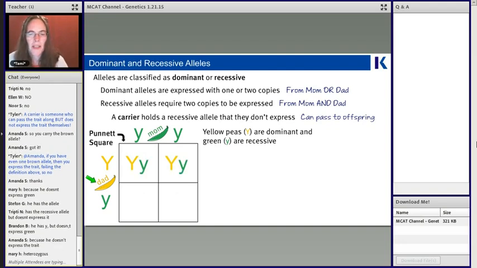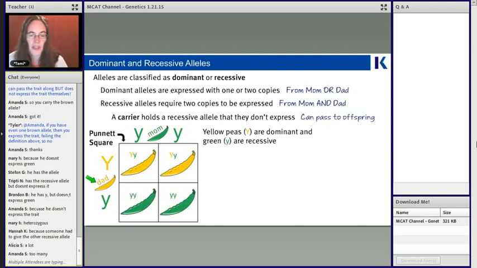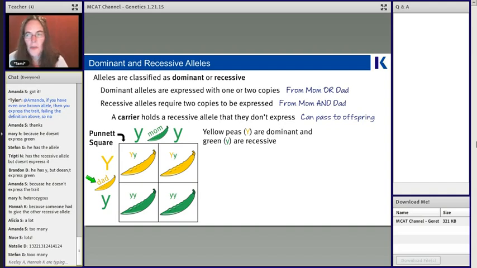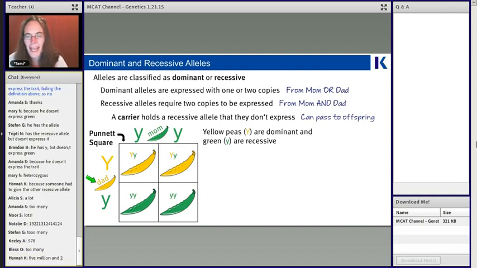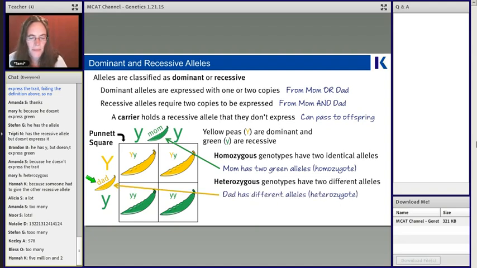So Punnett squares, how many Punnett squares have you done in your life? Bunches. Okay, so you should be used to how this works. Now, when I look at this, my homozygous genotypes have two identical alleles. Mom's going to be green. Heterozygous are different.